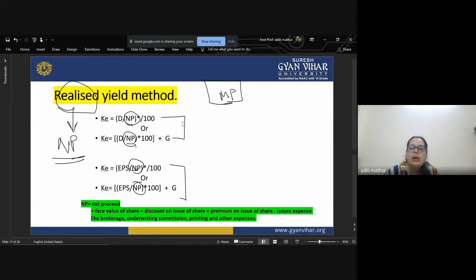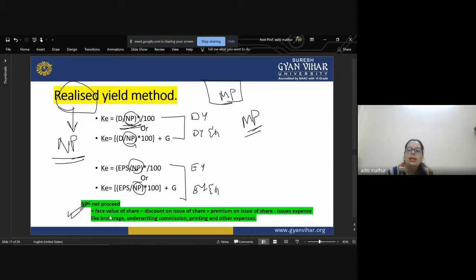So this was the dividend yield, this was dividend yield and growth, this was earning yield, this was earning yield and growth. The only difference in this method is that instead of market price, you use net proceeds. So let us have a quick recap of how to calculate net proceed.